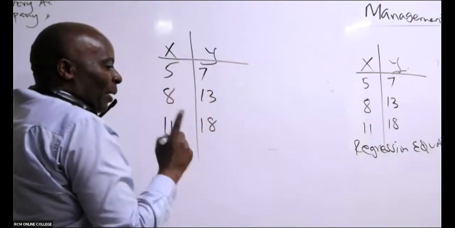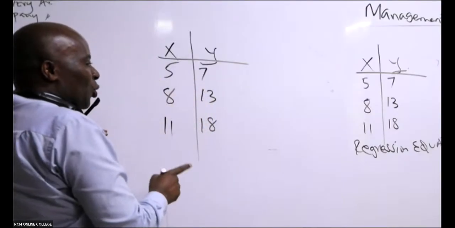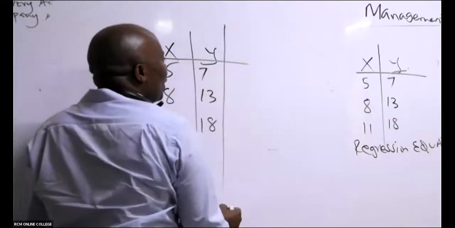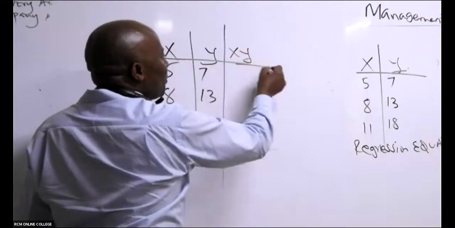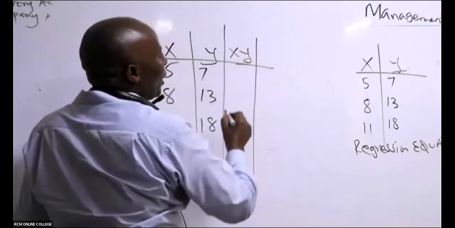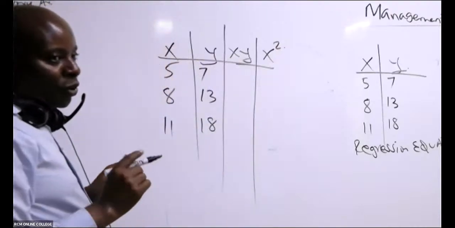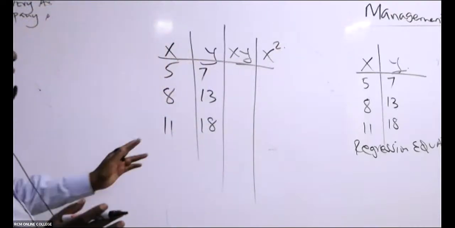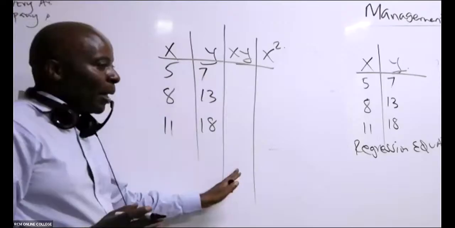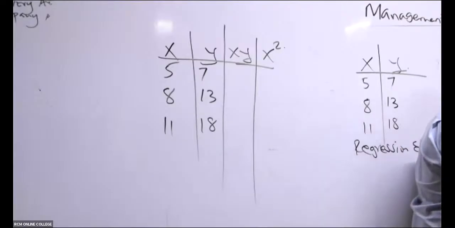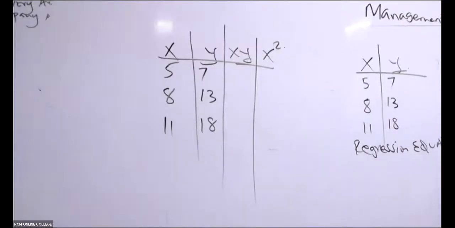Whenever you look at your past papers, we have so much in form of these regression equations. What you need to do is create 2 extra columns. The first column will be xy, and the second column will be what here, somebody? X squared. Those 2 columns are very important. So can you kindly create them and then fill them up?